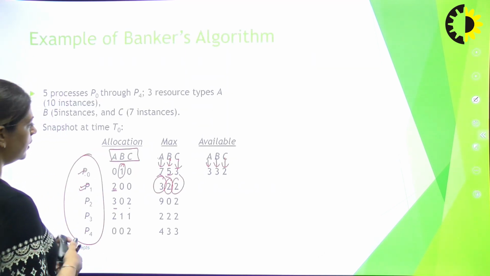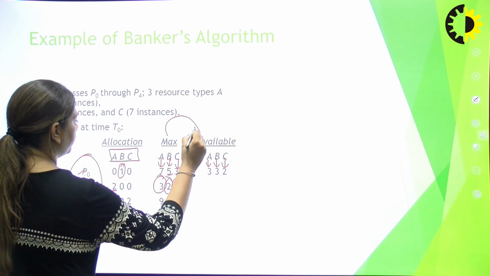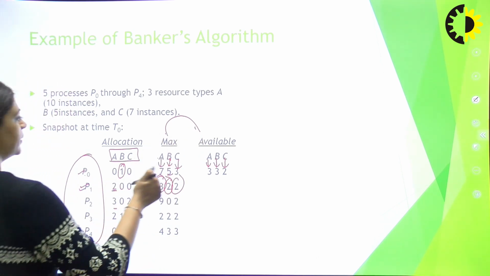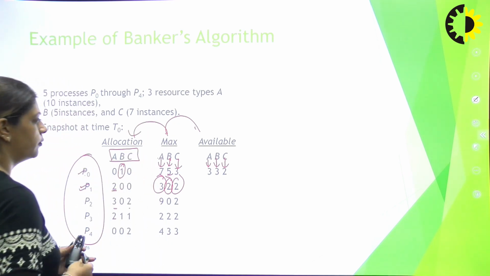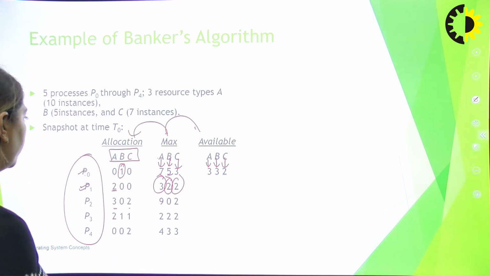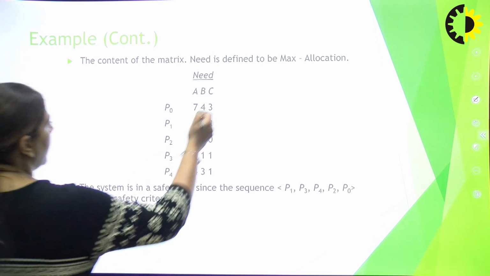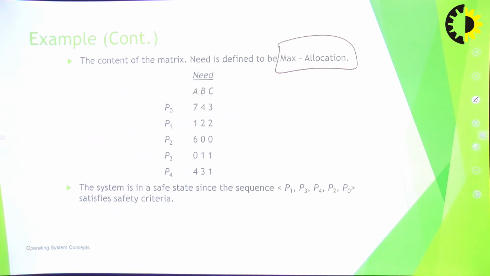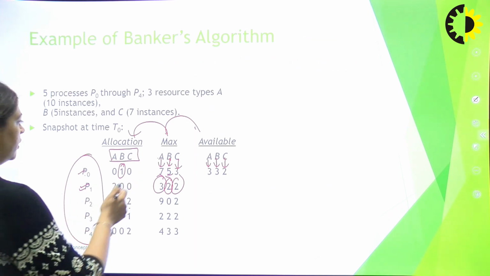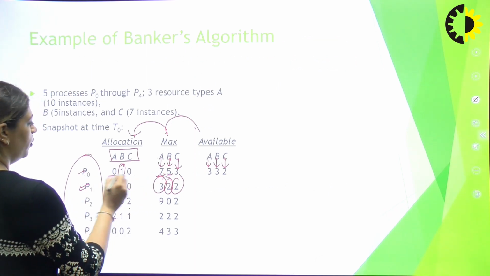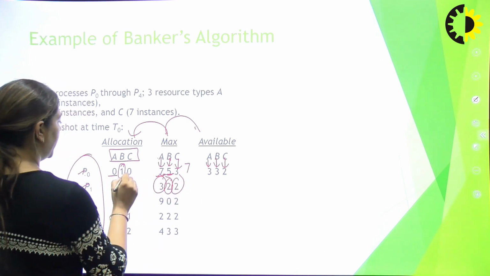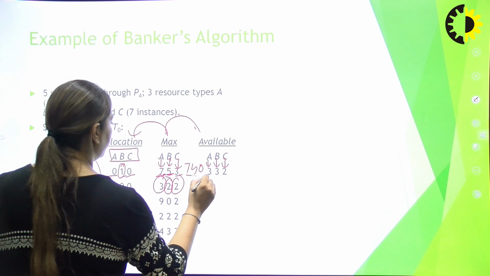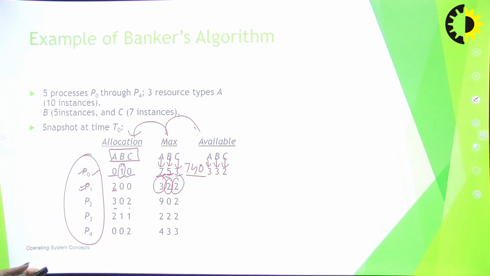Now we will take out the need matrix. Need is maximum minus allocation. See how we are subtracting: 7 minus 0 is 7, 5 minus 1 is 4, 3 minus 0 is 3. So 743 for P0 is the need.